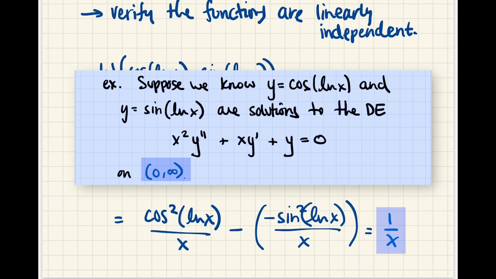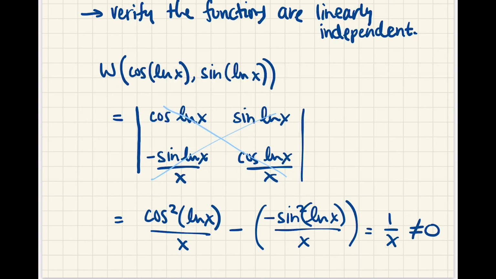Even if it weren't, there's still no x value for which 1 over x is 0. So this is not 0 for all x specifically in the interval we care about, which is 0 to infinity. And therefore, this is a linearly independent set.